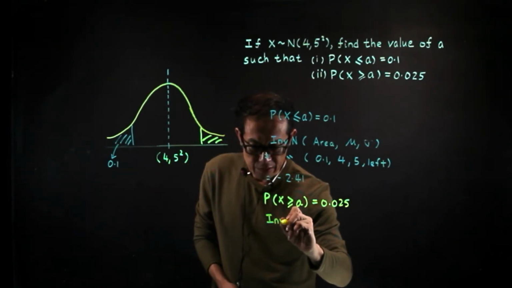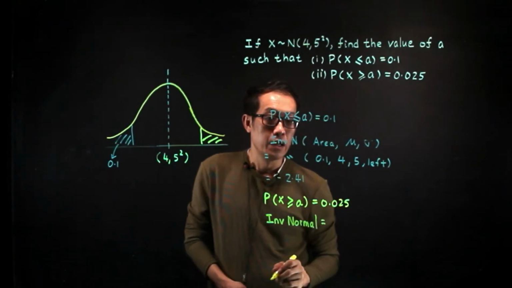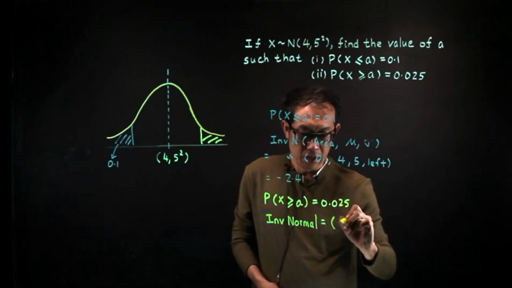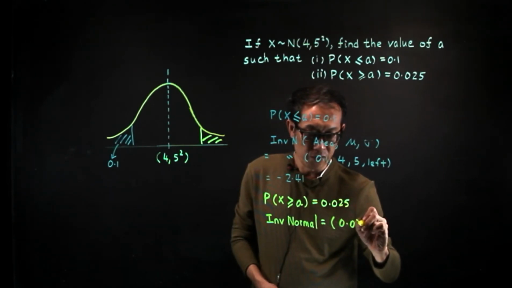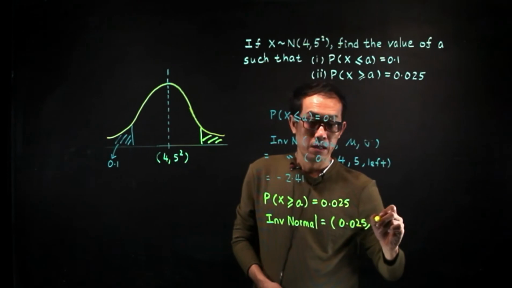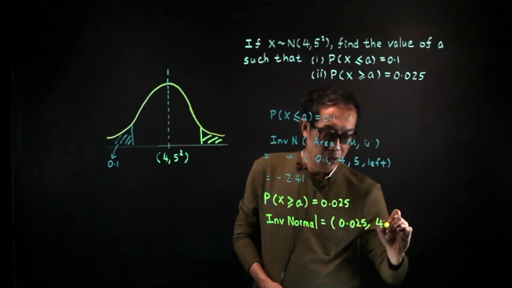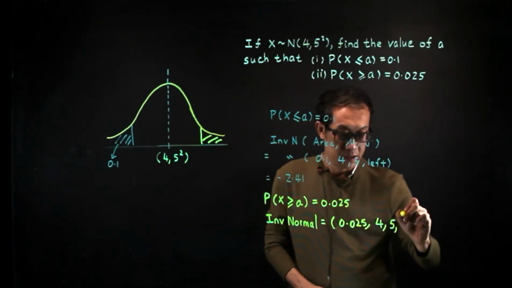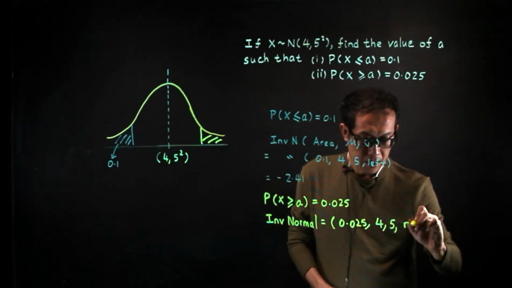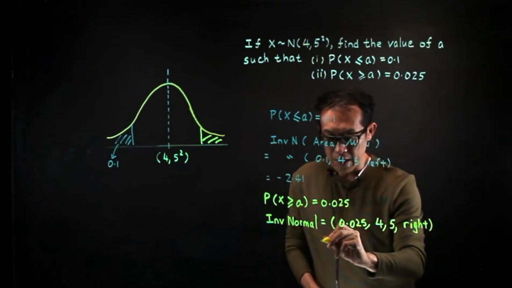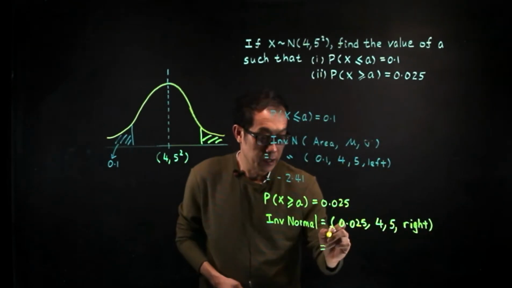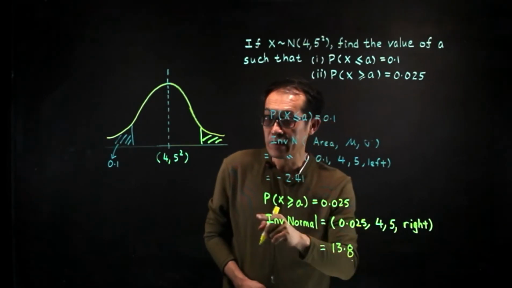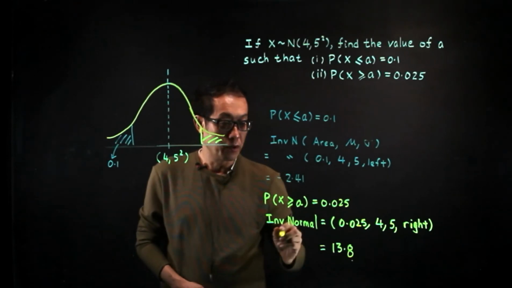So you select inverse normal, and then you just key in the various data. 0.025 is the area. Mean of 4, standard deviation of 5. Now your area is on the right, so you select right. And then you will get the answer of 13.8. So this value of a is 13.8.